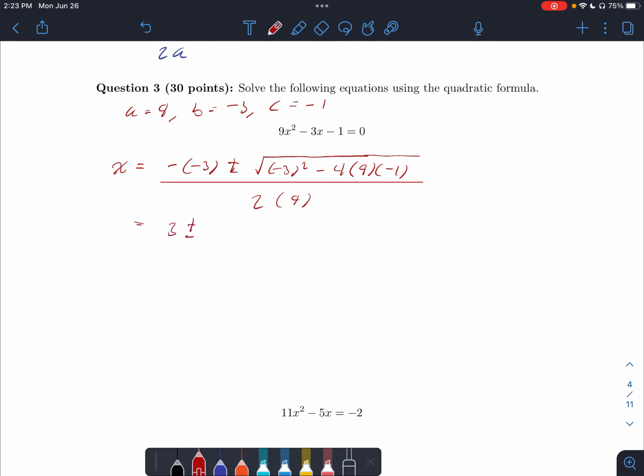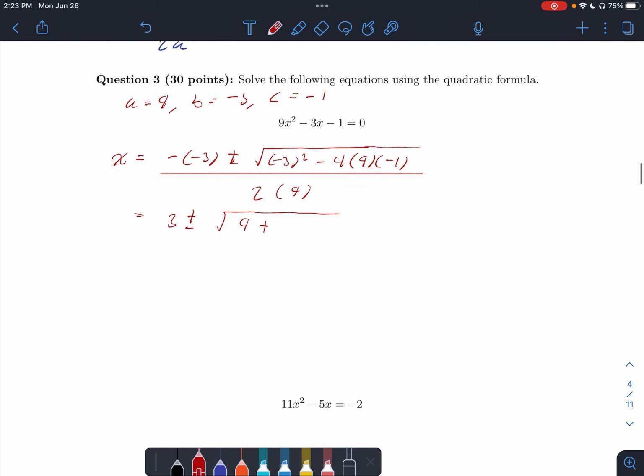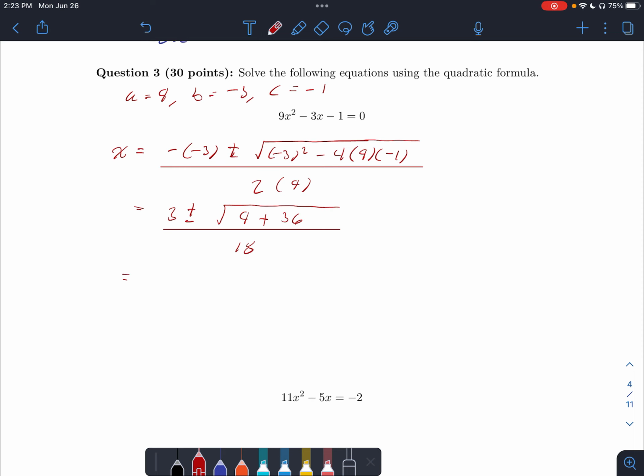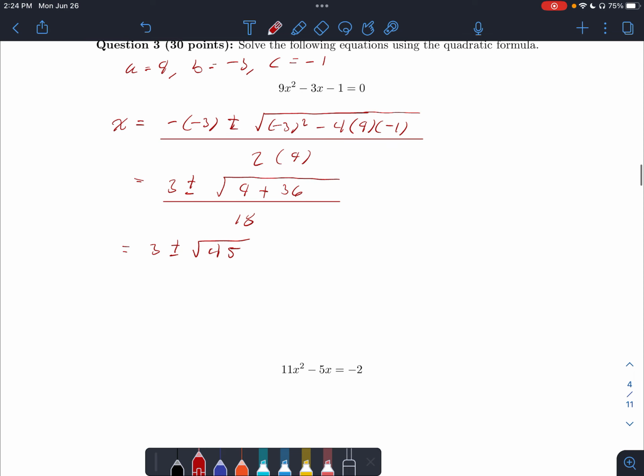So we have 3 plus or minus the square root of 9 minus 4 times 9. 4 times 9 is going to be 36 times negative 1. So this will actually be just plus 36, all over 18. So now we have 3 plus or minus the square root of 45 all over 18.